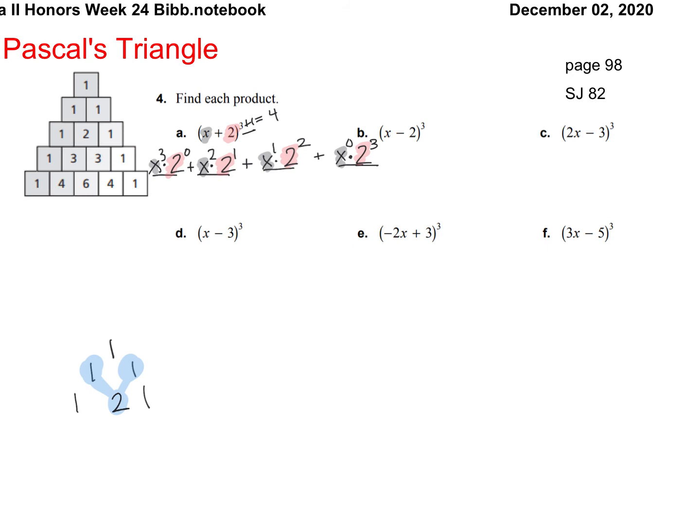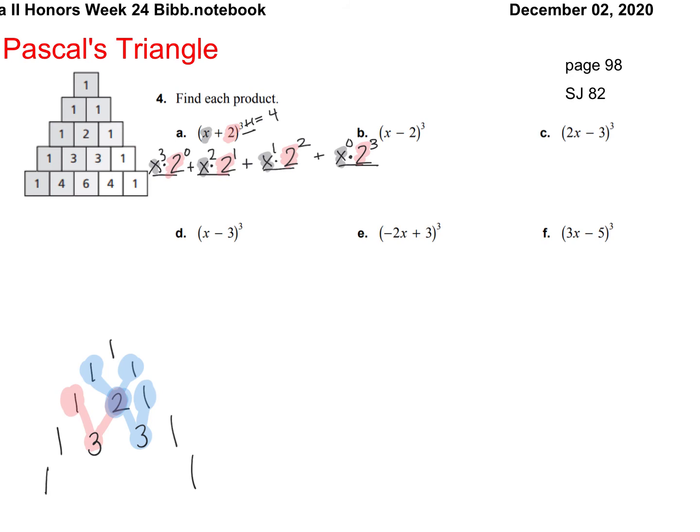The next row, 1's on the outside. This number is found by adding this one and this one. So that's 3. And then this number is found from adding this one and this one. So that one's also 3. In the next row, 1's are on the outside.